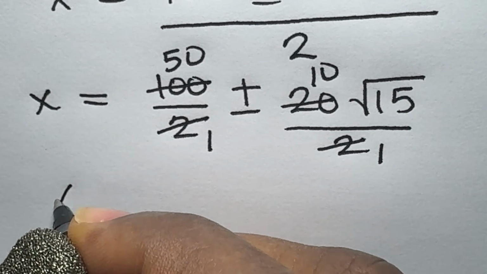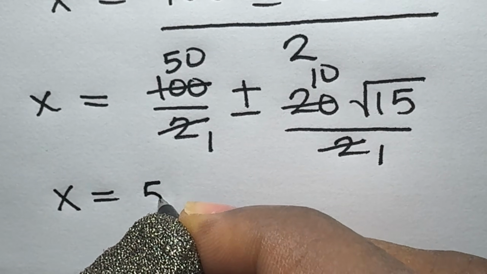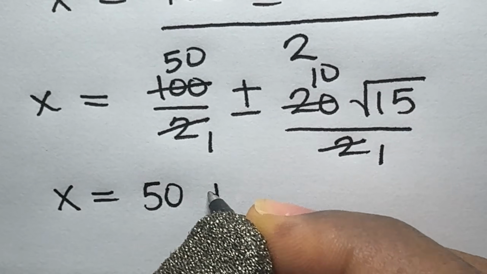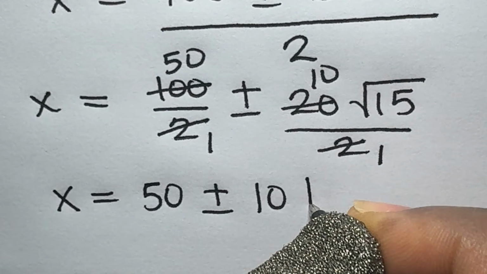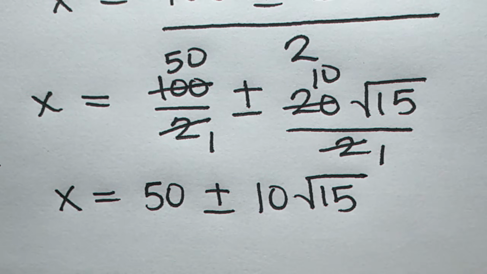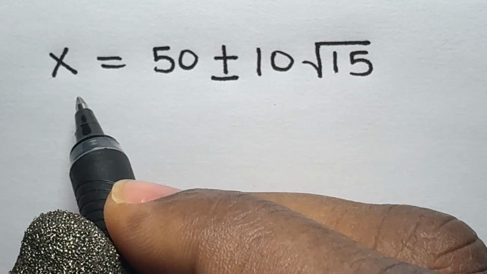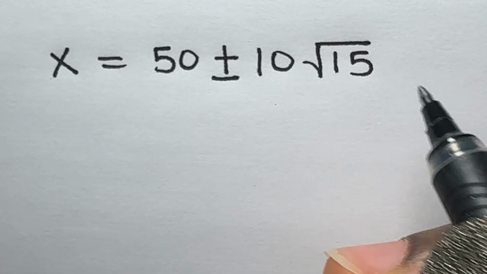So this will give us x is equal to 50 plus or minus 10 root 15.